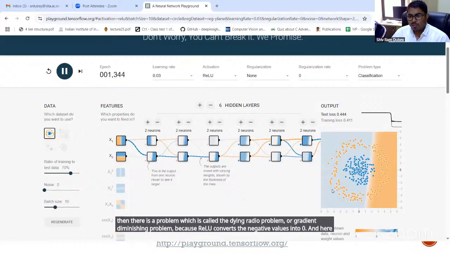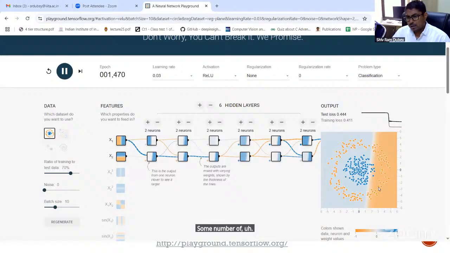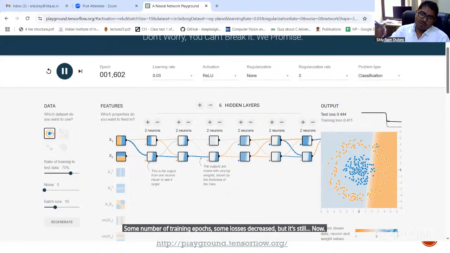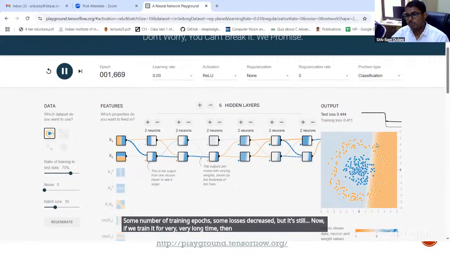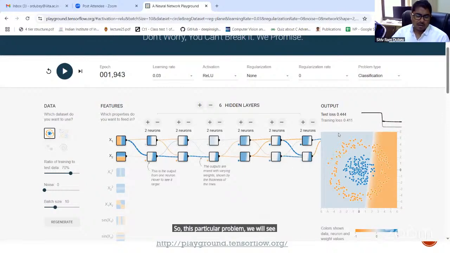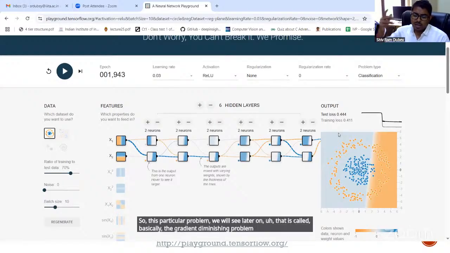Here we can see that after some number of training epochs, the loss decreases somewhat. If we train for a very long time, we will be able to get the final output, and even the training loss will be very low, but we have to train for a very large number of iterations in that case. This particular problem we will see later on. That is called the gradient diminishing problem. That's why we have different optimization techniques.